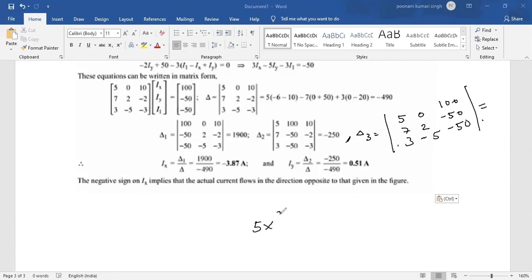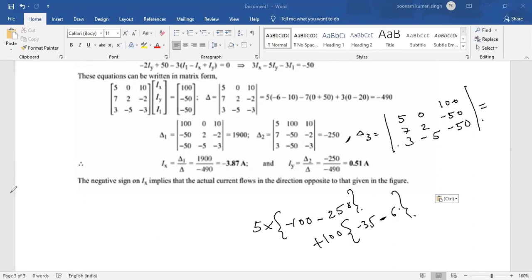So it is 5 multiplied by minus 100 minus of 50 into minus of, just a moment, minus minus plus minus of 250, plus 100. minus 35 minus 6. Just a moment. 100 minus 35 minus 6.